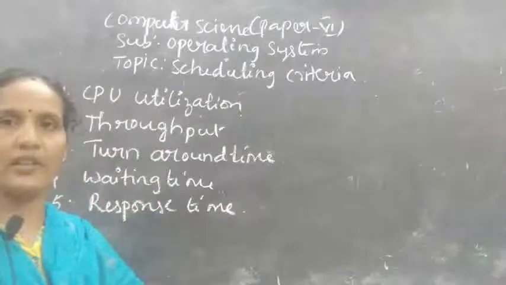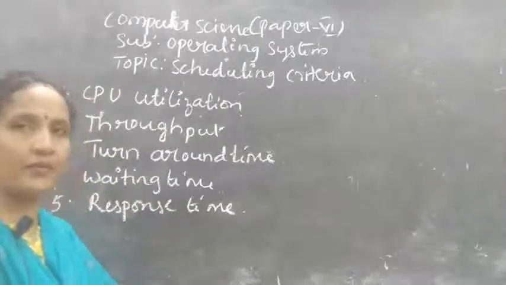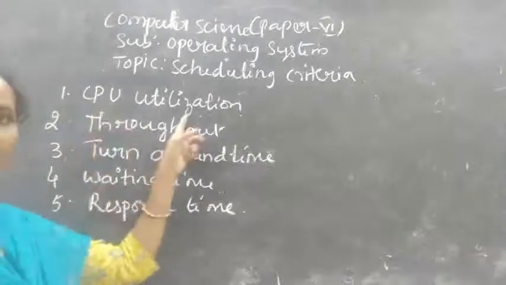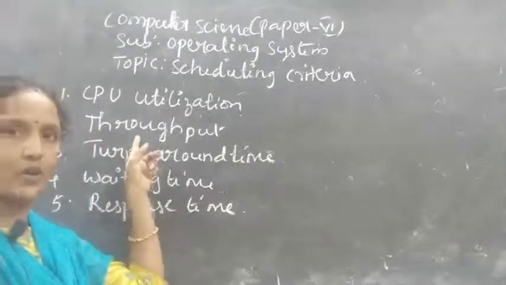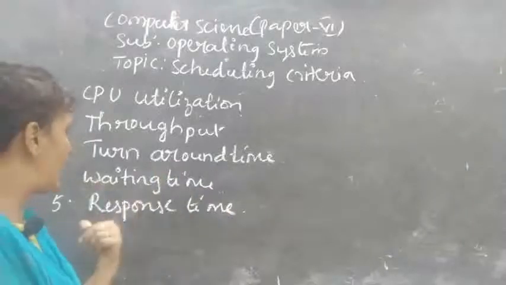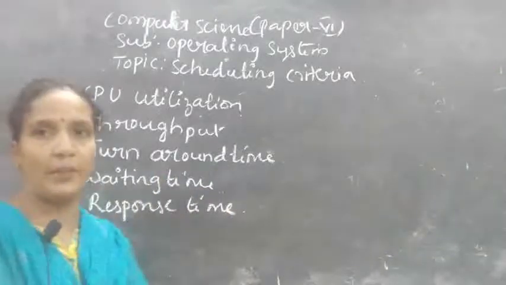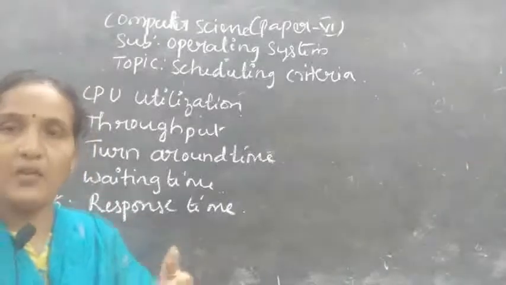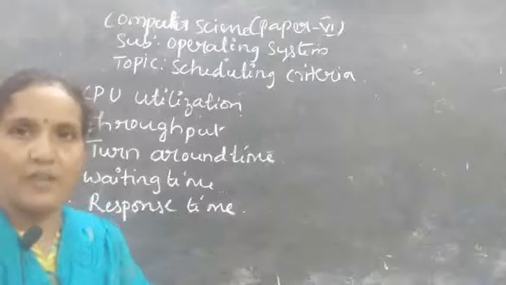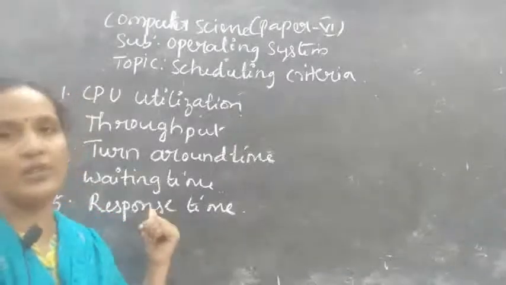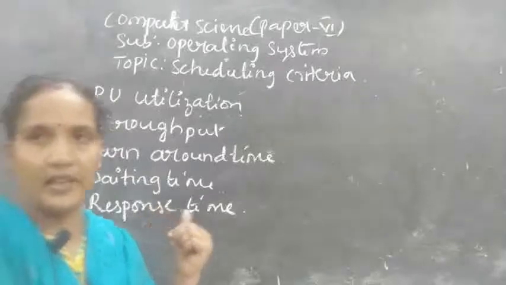In the scheduling criteria we have different things. First one is CPU utilization, next is throughput, the third one is turnaround time, the fourth one is waiting time, and the fifth one is response time. In order to select which algorithm is best, which gives the best average time, you can decide based on the scheduling criteria.